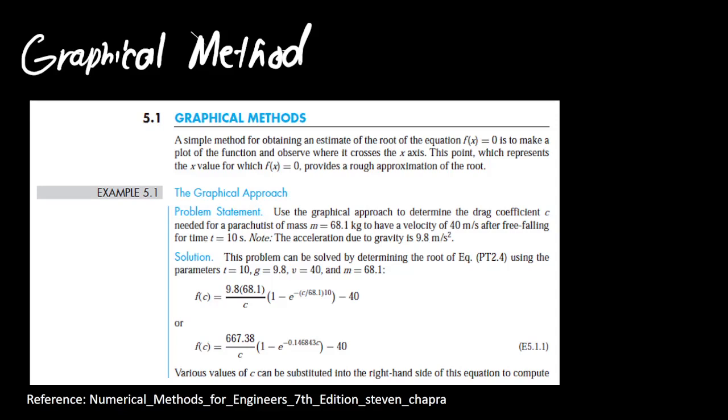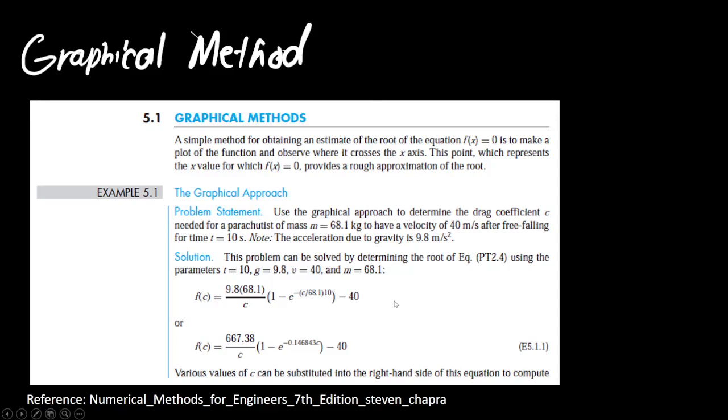So we have here example 5.1. This gives you already the equation of the drag coefficient, where the given values are already put in the equation 5.1. That is 9.8 times 68.1 all over c, times 1 minus exponential of negative c over 6.1, times 10, close parenthesis, minus 40.